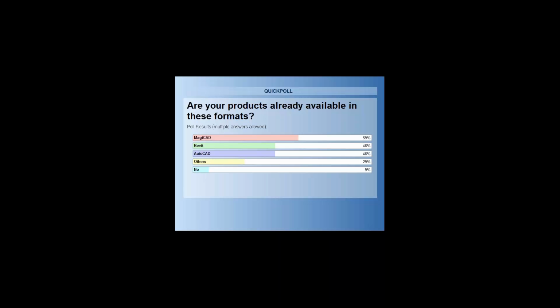We can see that the great majority are companies that already are sharing their products in MagiCloud. That's great. And as possibly expected, there are also many making available their products in Revit and AutoCAD formats. Some other formats are also out there.